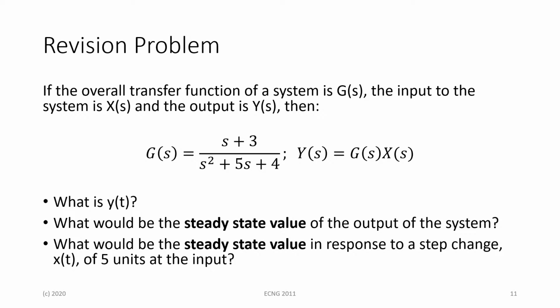So just a little more homework for you to do some self-practice. Try finding out what the steady state value of the output of the system here is. That means you're going to be evaluating it with respect to y of s.